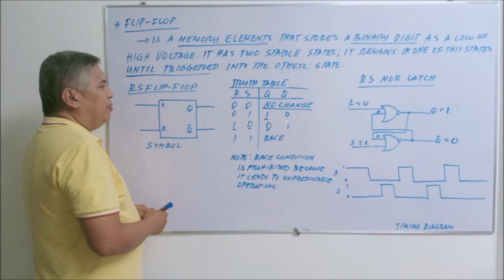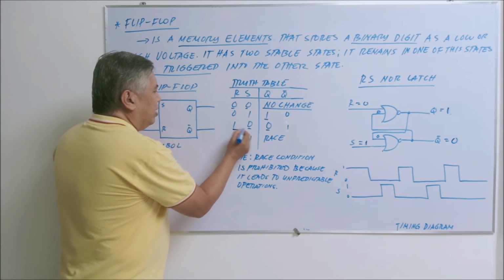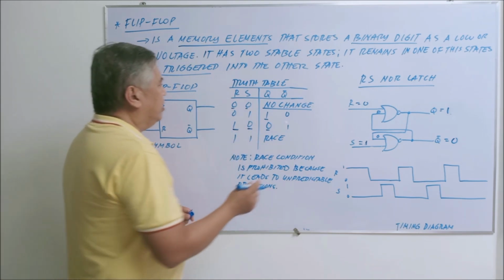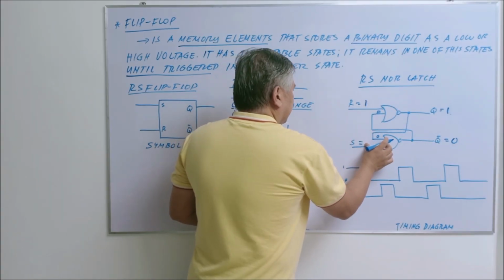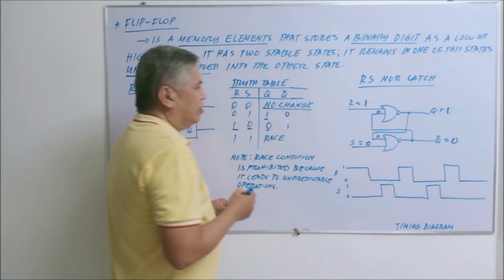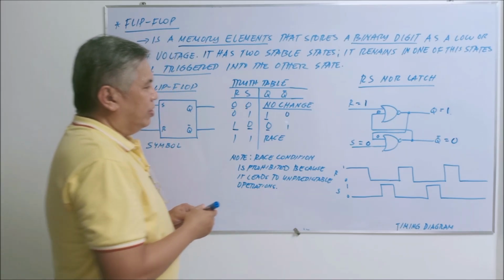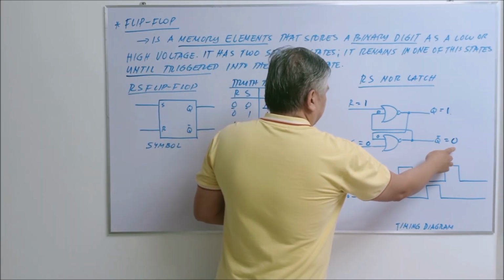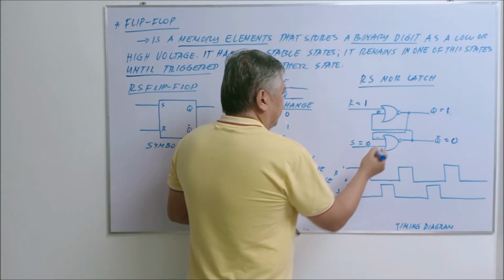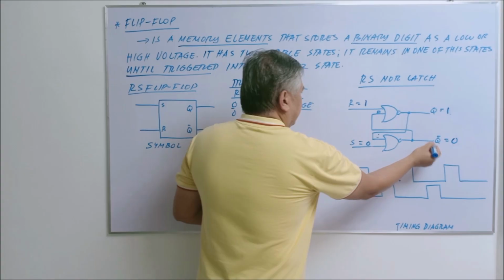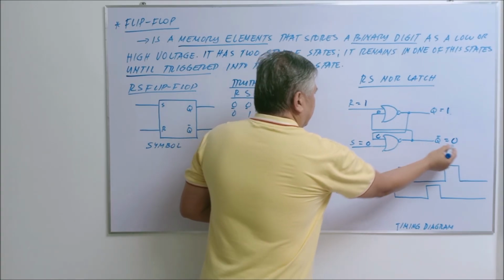Now, if your input now is 1, 0, okay? So R now is 1 and S is 0. So what happened? So if this is now 1, this is now 0.